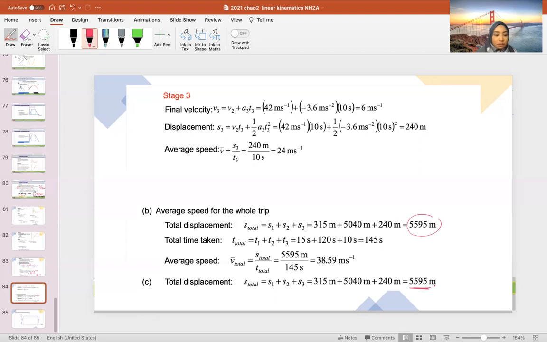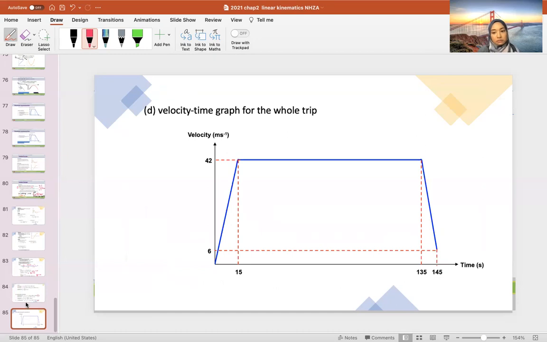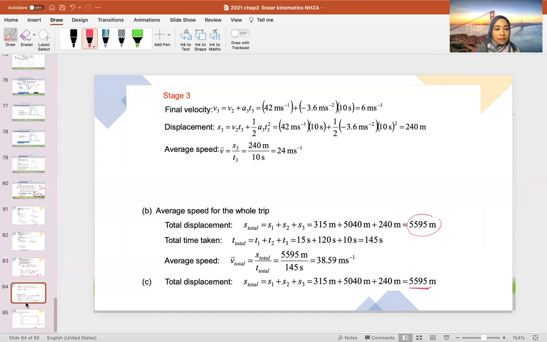So what is the total displacement for the complete trip? I think this is basically what we got, and we use linear kinematics to solve at each stage.